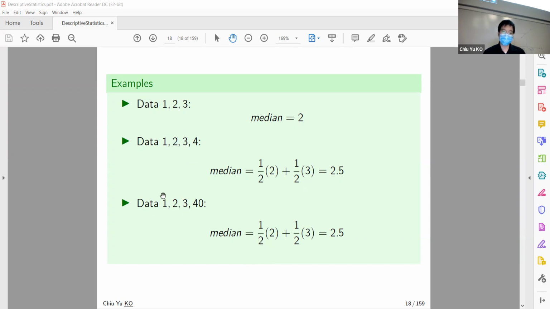And you can see the next one: because the median depends on order, if you change the last number to a humongous number, it doesn't really change the median. So that's a good point of the median, because it isn't affected by the outlier, but it's also a drawback because it doesn't use all the information available in the data. So it's a good point, also a bad point.